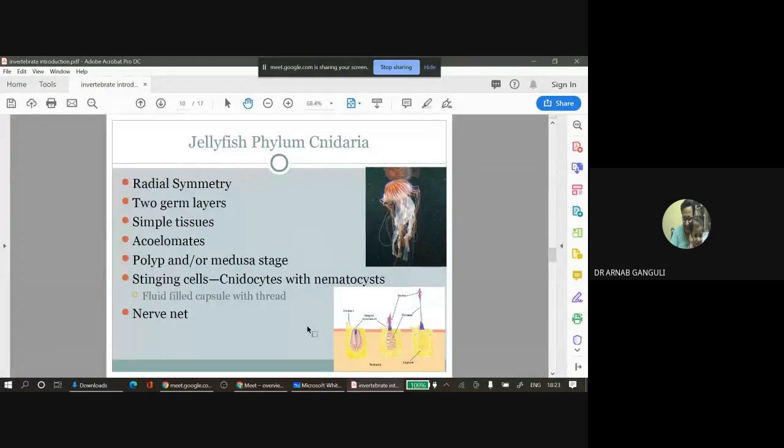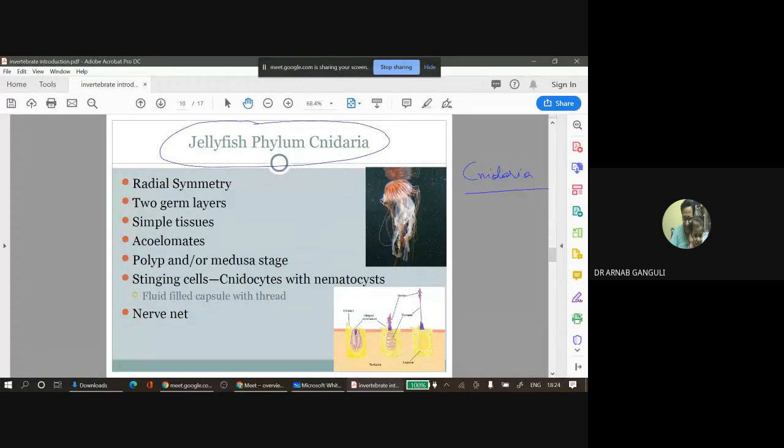Next, we go to the phylum Cnidaria. They are called Cnidaria because of a main reason.